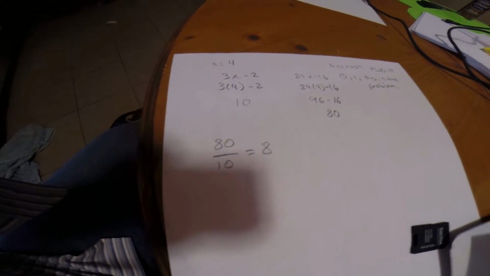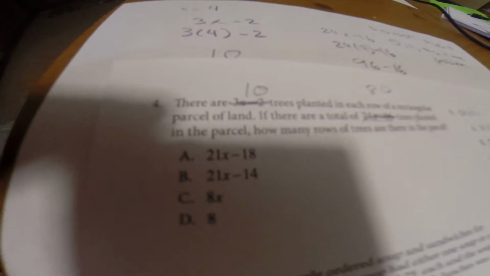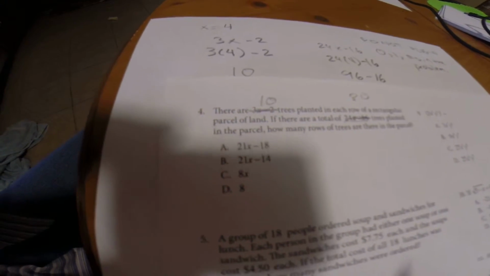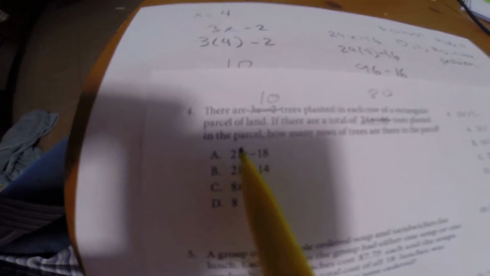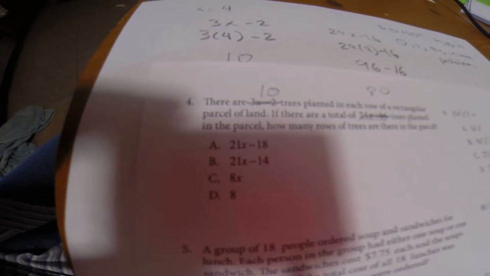Okay? So I look at my answer choices and I see 21x minus 18, 21x minus 14, 8x, and 8. And I see 8, so I should just circle 8, right? No. This is the thing you have to make sure you do. When you get your answer, you have to plug in your original value of x, which is 4, into each of these to see if you end up getting 8 for any of these.